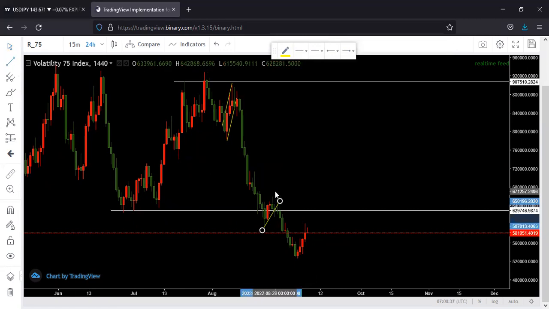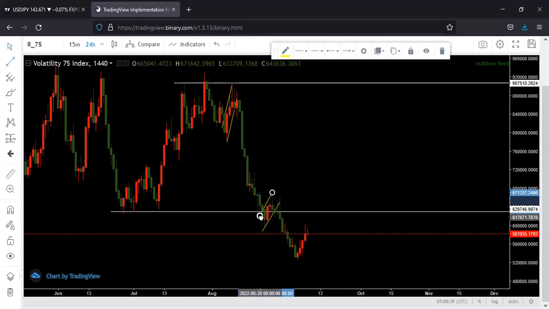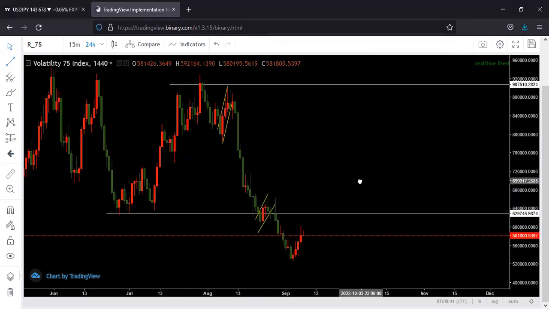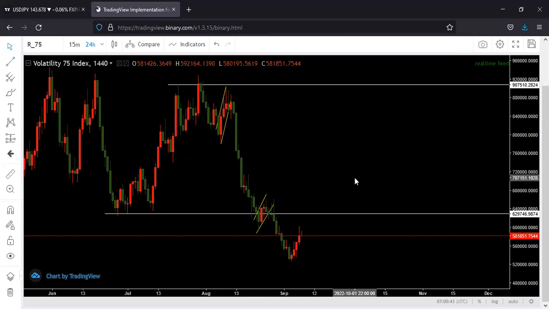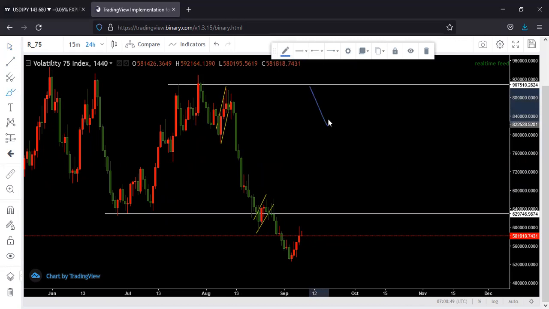As you all understand, when we are talking about the nature theory, we are always talking about impulsive and corrective phases. So it is always like this: impulsive, then correction, impulsive, correction, then impulsive to the downside.